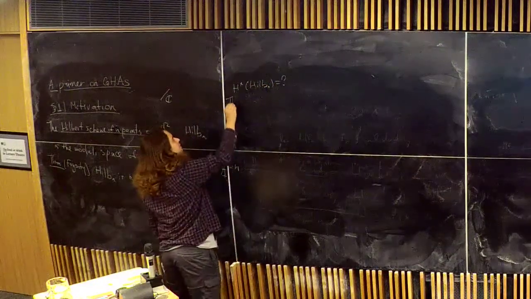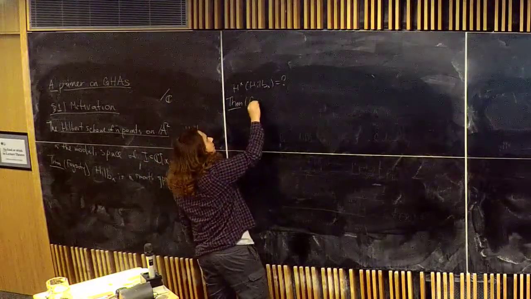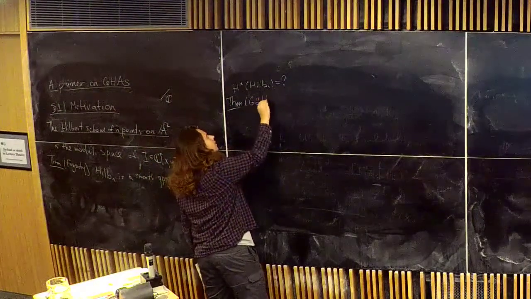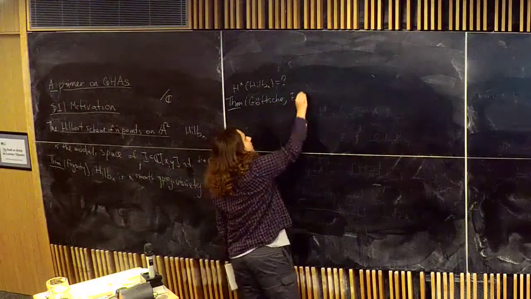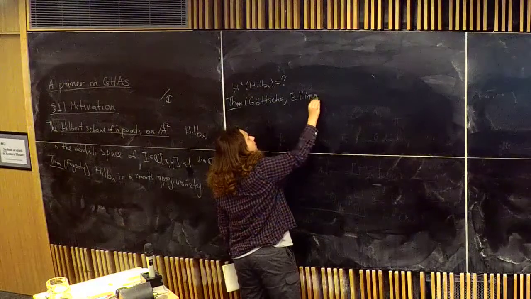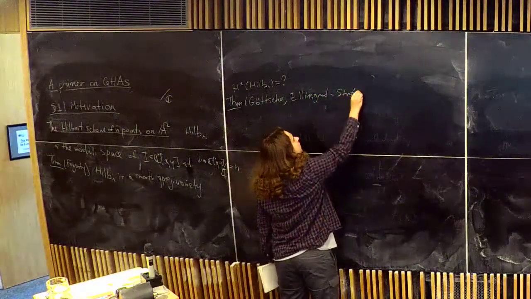is given by another classical theorem. It's called the Göttsche formula, but I think the first proof was given by Alexandre.